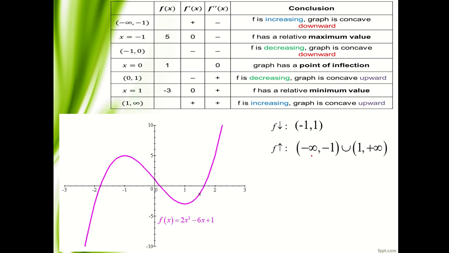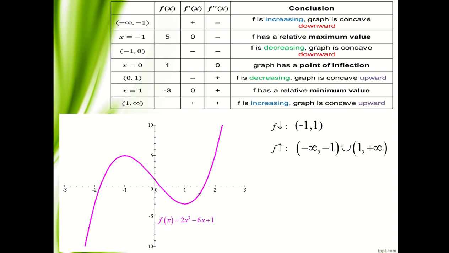Here, the function is increasing in this interval, as well as at 1 to positive infinity. We use the union symbol, meaning the values within this interval together with the values in this interval, the function is increasing.